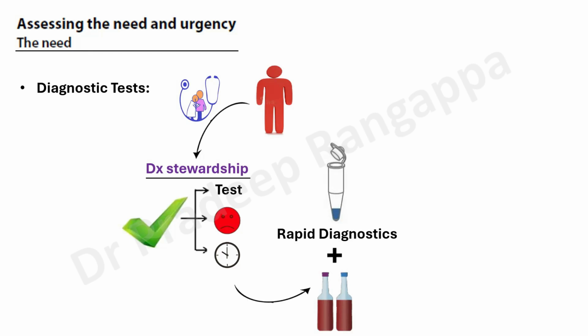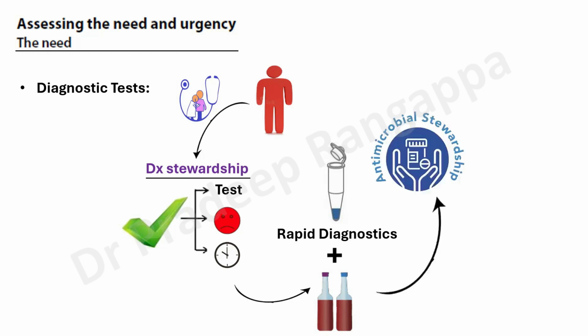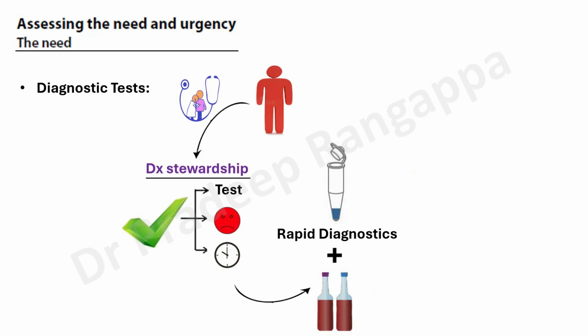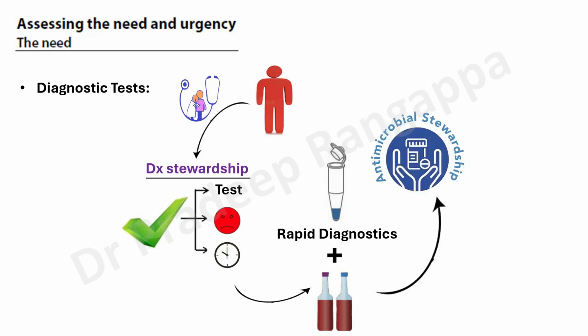So you need to incorporate certain conventional tests, which include blood culture, sputum culture, urine culture. Along with this, they need to be complemented with rapid diagnostics to have quick answers. Incorporation of rapid diagnostics constitutes a part of diagnostic stewardship.